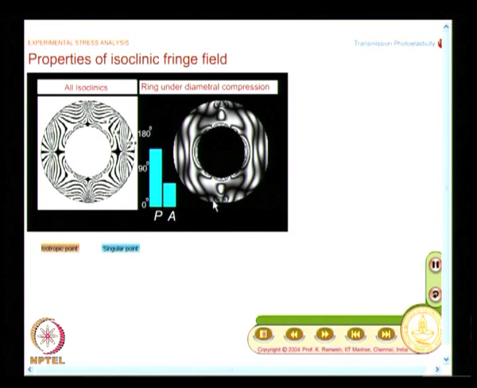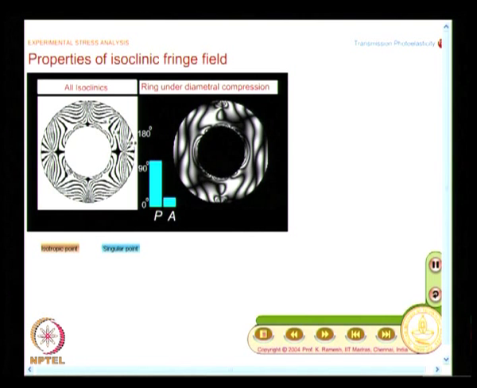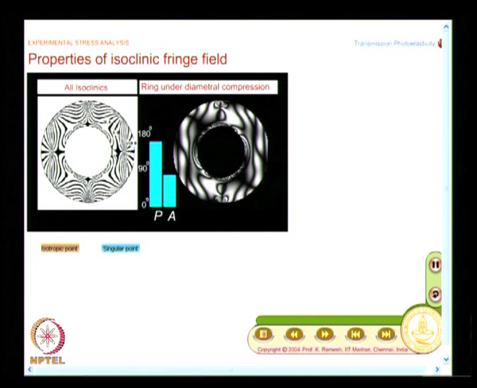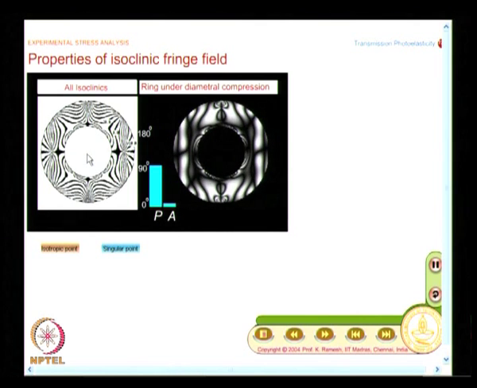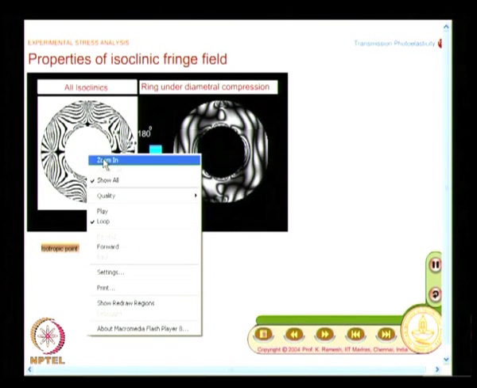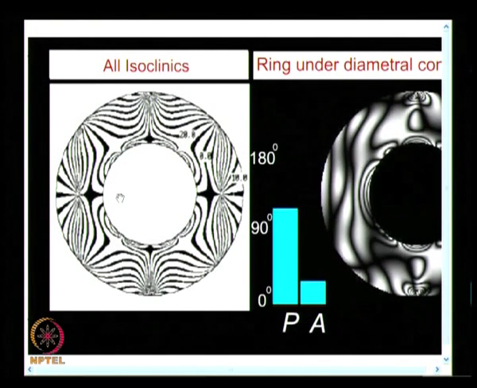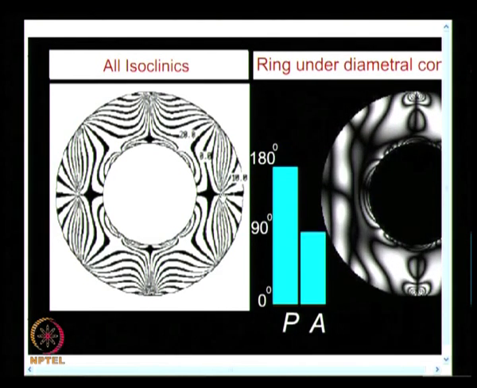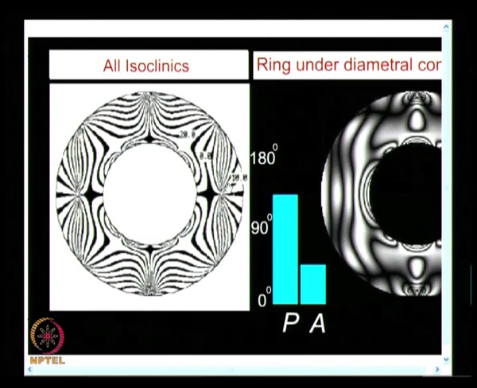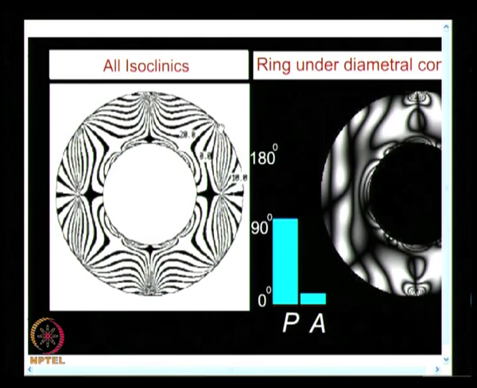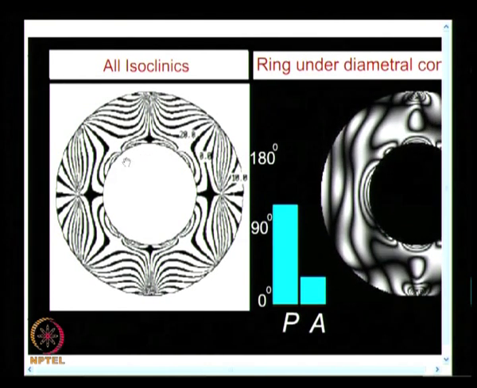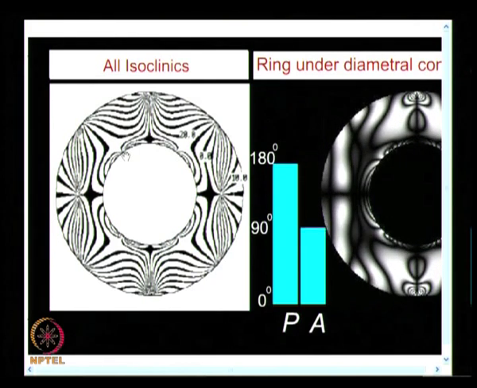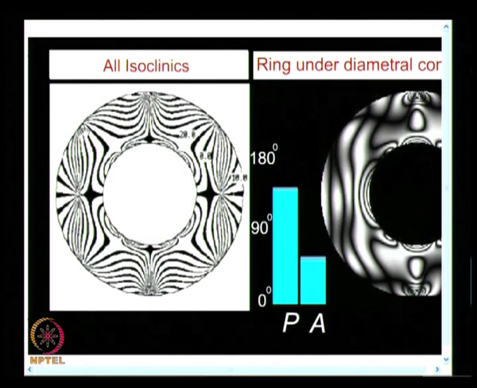To aid your visualization, I have also plotted the isoclinics in steps of 10 degrees, and this summarizes some of the observations. At this point all isoclinics pass through, at this point all isoclinics pass through, and at this point you have all isoclinics pass through.